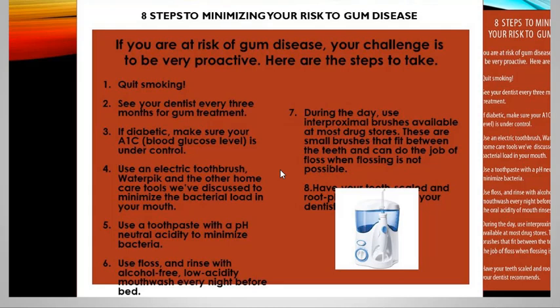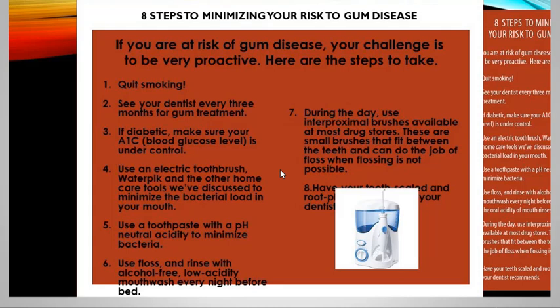Once again, we usually recommend a water pick, and we do use modalities and rinses that we can add to the water to make the water more basic in the water pick. So there are a lot of little customizable steps we can use to treat our periodontal patients.